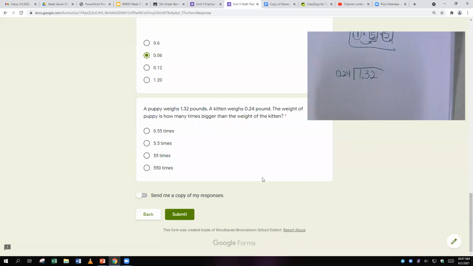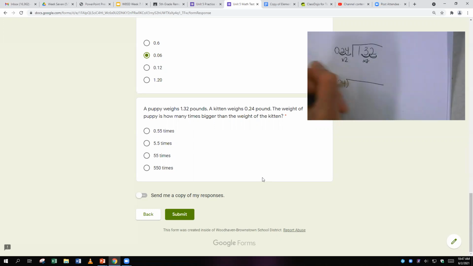So I have to move it over times 10 to the second power. I have to also move this over, because I got to do that times 10 to the second power. So now we're going to have a new problem. We have 24 as our new divisor, and we have 132 as our new dividend.